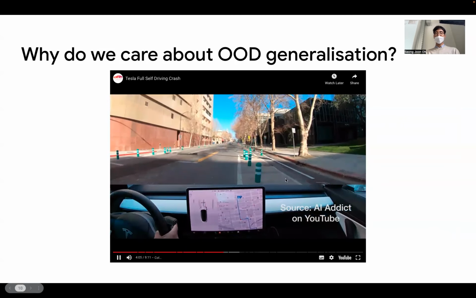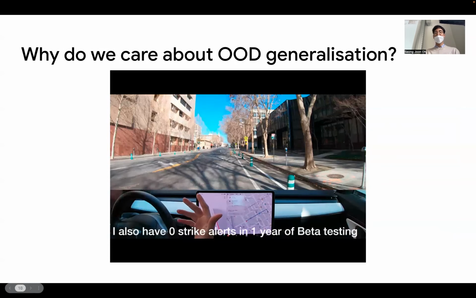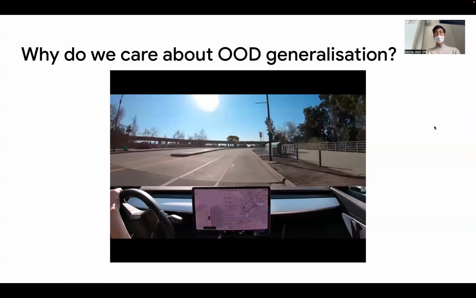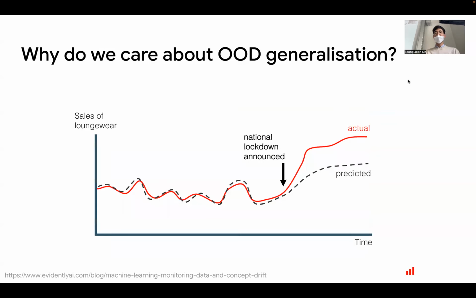Who would expect the bollards to be there when you do a right turn into some street? To be sure that you're good to go in a lot of situations, you need some kind of OOD generalization. And also, a lot of things change in the world.